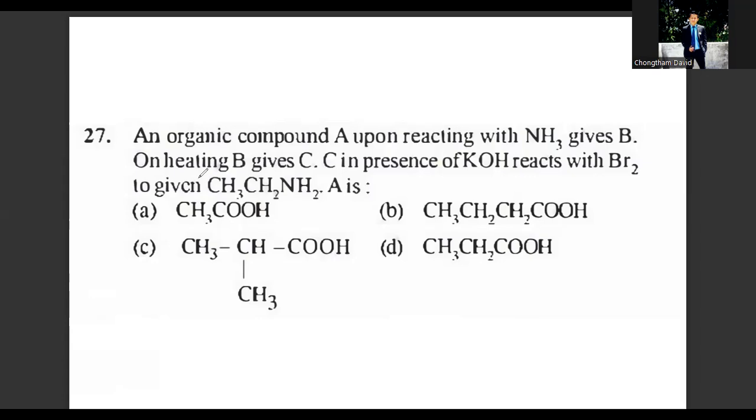So, figure out, this is a schematic type of question. You have to find the reaction step by step. And this C can be obtained from a compound which will be an ammonium salt of a carboxylic acid. So A must be an acid.